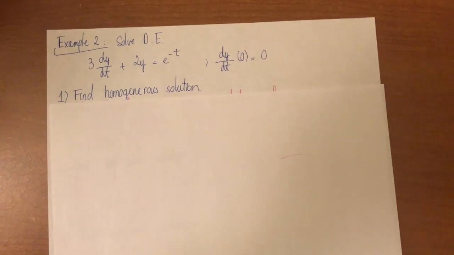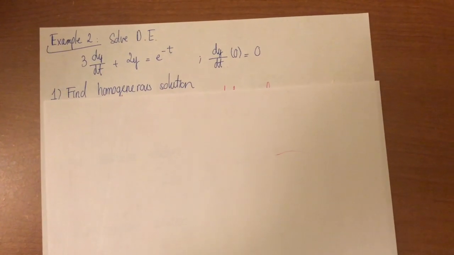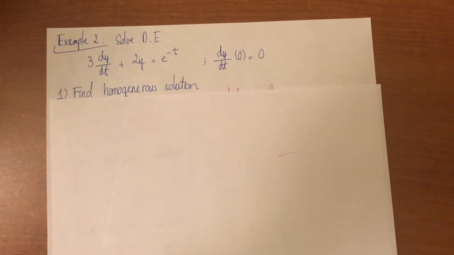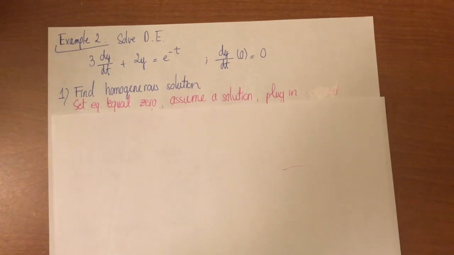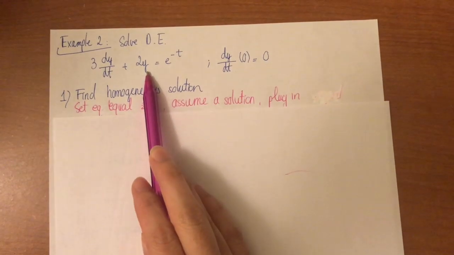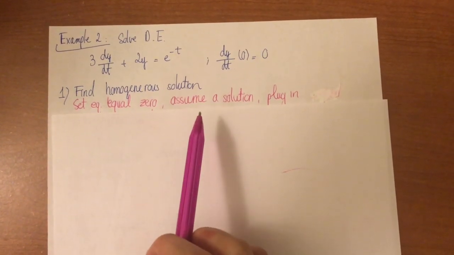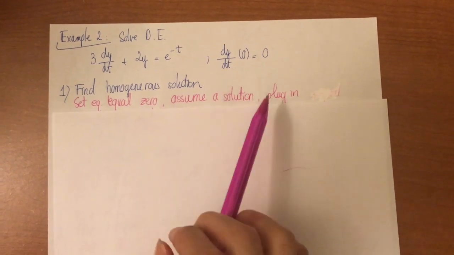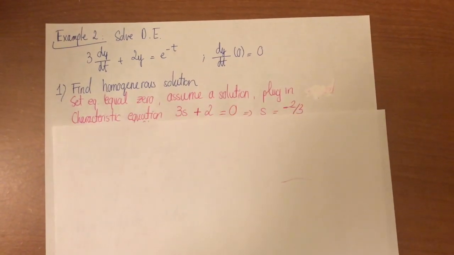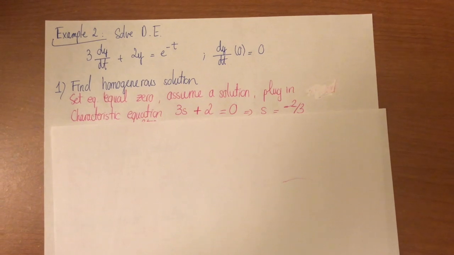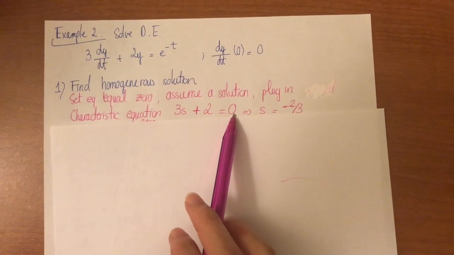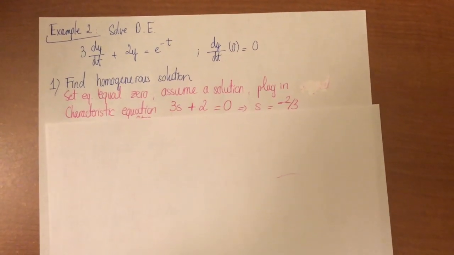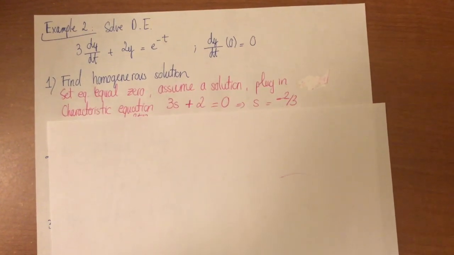First, find the homogeneous solution. This time we are going to do it a little faster, and you will get used to it after practicing. Set this equation equal to 0, assume a solution y equals e to the st, and plug in. Then we find the characteristic equation 3s plus 2 equals 0, and s is minus 2 over 3.